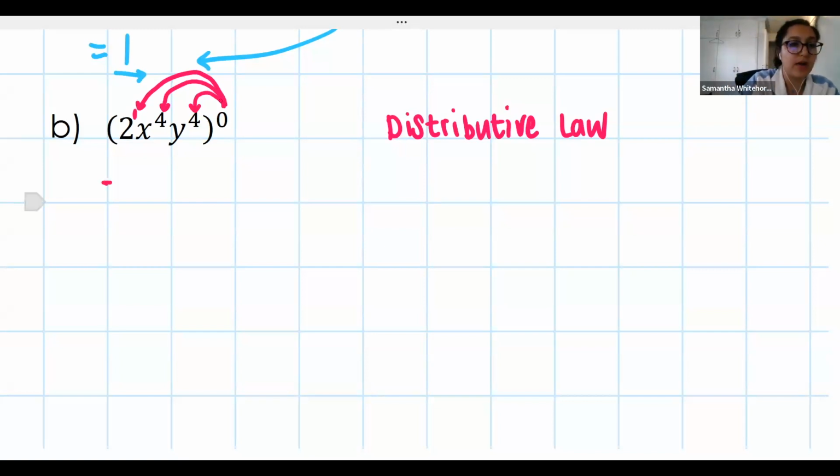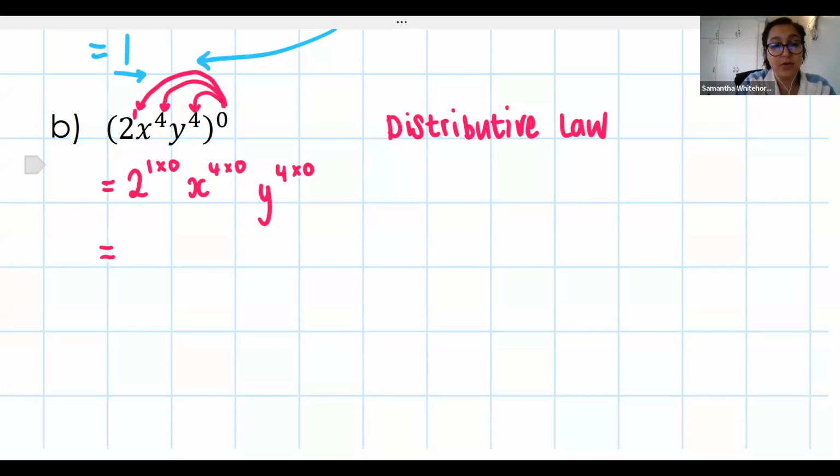What that means is we now have 2 to the power 1 times 0, x to the power 4 times 0, and y to the power 4 times 0. Anything times 0 is 0, so we've got 2 to the power of 0, x to the power of 0, and y to the power of 0.